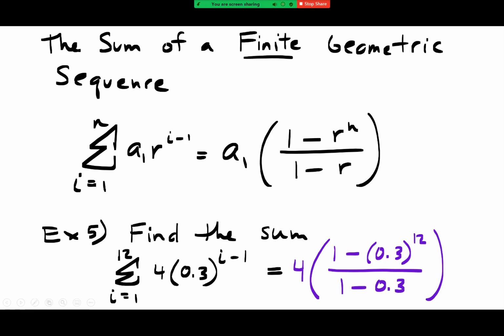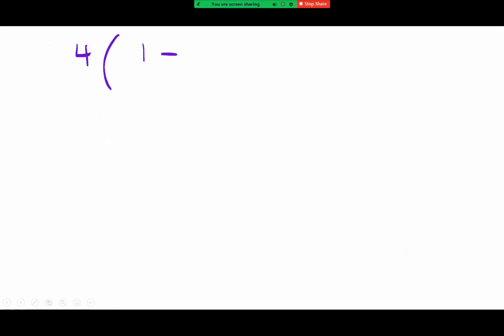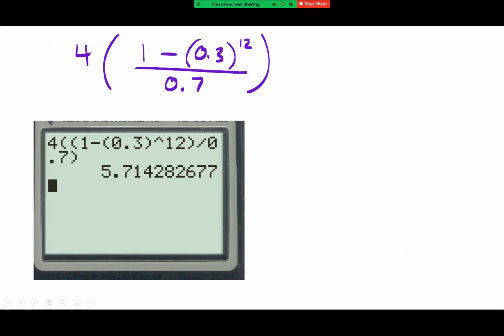Okay, yeah. So the only thing that we can probably do a little bit is 1 minus 0.3. We can make this into a 0.7. That's cool. So I'm going to rewrite it over here. This is the exact same thing, except now I have a 0.7 in here. And then let's punch it into the calculator. A few things we've got to keep in mind: for this top piece, the multiplication by 4, we have to put an extra little parenthesis here to keep it as one single unit.